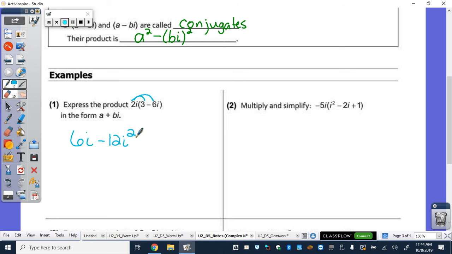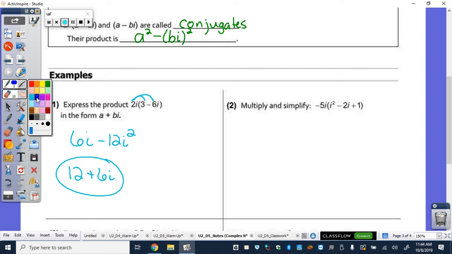So then again, i squared simplifies to -1, but when multiplied by this, -12 really makes it what? Positive 12. And again, you always have to rearrange it so that the i comes last, so 12 plus 6i.